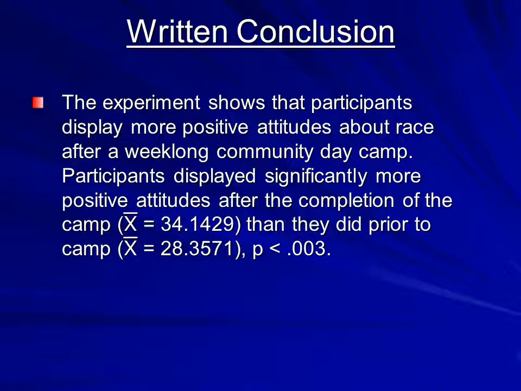So we're measuring positive attitudes. Before the camp, we asked them about their positive attitudes about race, with an average of 28.3, whatever. And then after the fact, we measured their positive attitudes, and they got an average of 34.142.